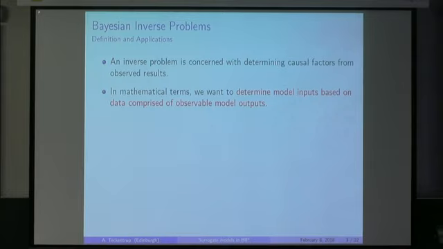So we have some mathematical model that models a physical or chemical or biological process of interest. You can measure the model outputs. What you really want to know is something about the model inputs. However, those are usually not directly observable, so you can only observe the outputs. And so what you want to do is use the information that you have on your observable model outputs to determine what the model inputs were.